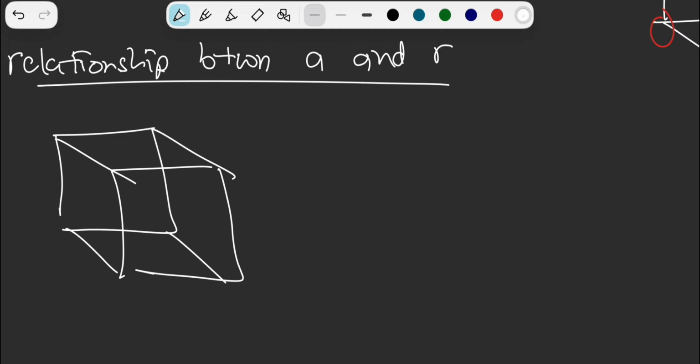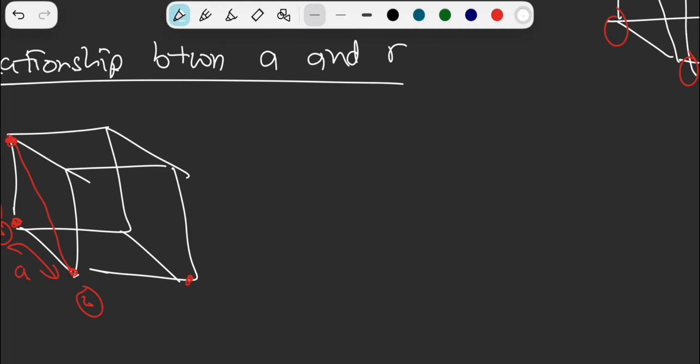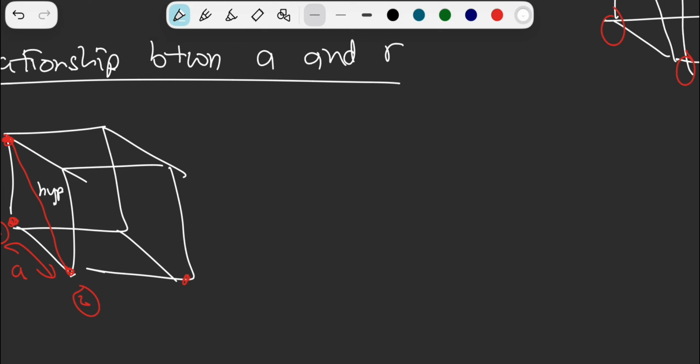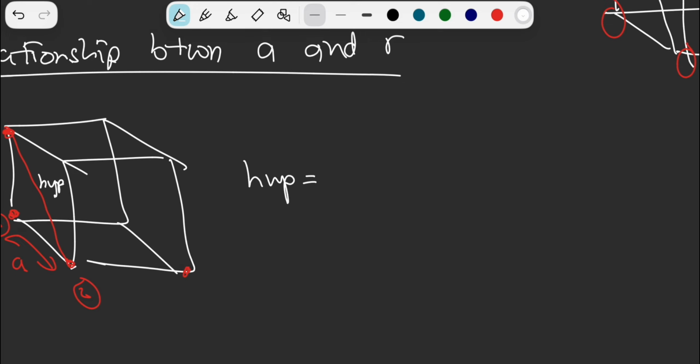What I mean by this is that we have one atom over here, number 1, crossing and meeting number 2. So this is A, that's 3, and this is A. So the cross diagonal in this case is not that complicated. It's not this one in BCC, it's basically that one for FCC. So the value of the diagonal, which is my hypotenuse, is equal to the square root of A squared plus A squared.